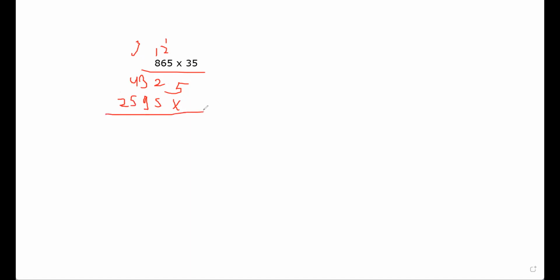Let's see what we have to do. We have to add. This will become 5. This will become 7. This will become 12. Carry 1. 4 plus 1, 5, plus 1... 10. This will become 3.